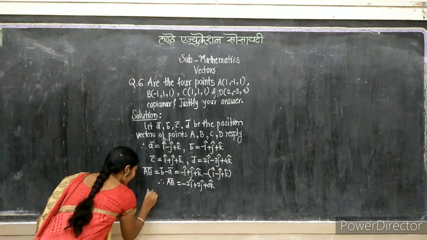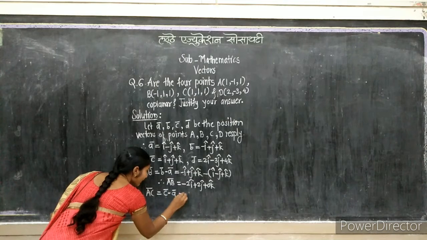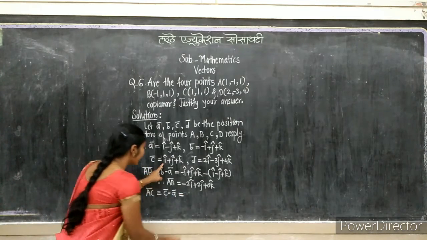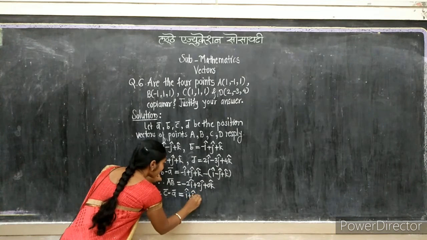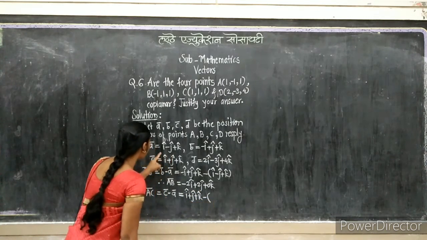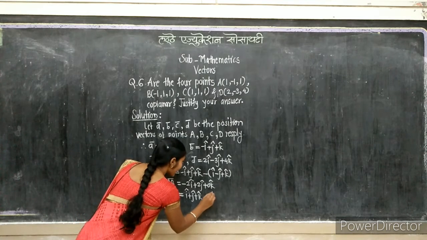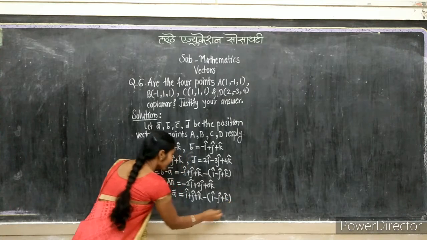Then AC bar is equal to c bar minus a bar, which is i cap plus j cap plus k cap minus (i cap minus j cap plus k cap).